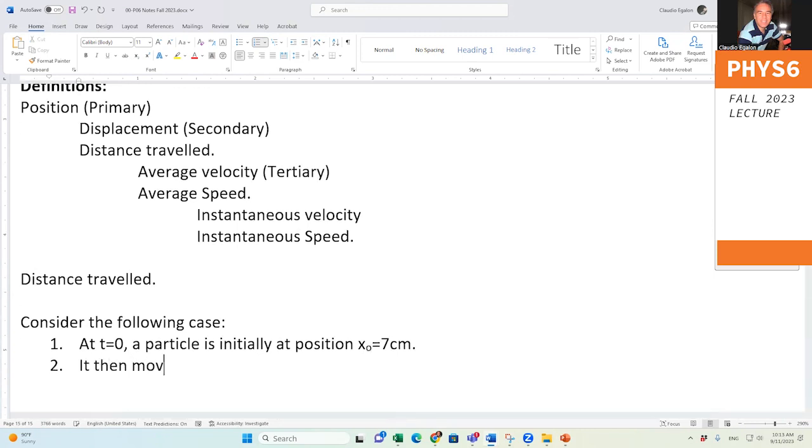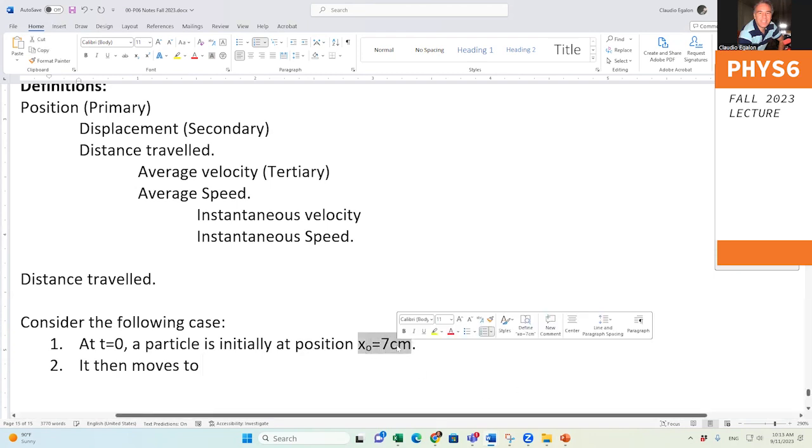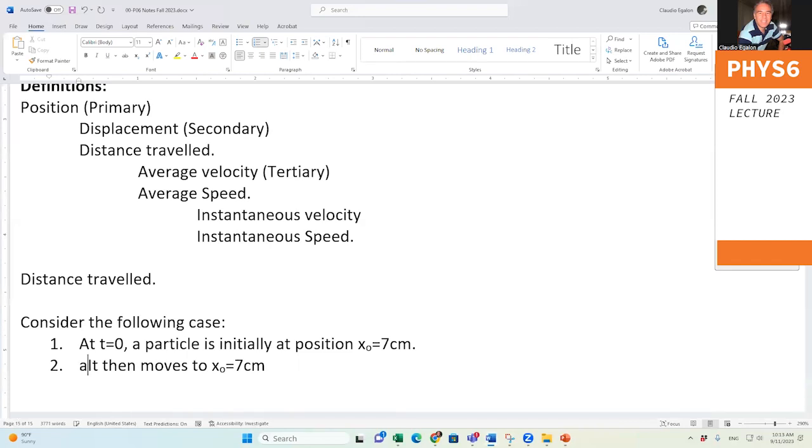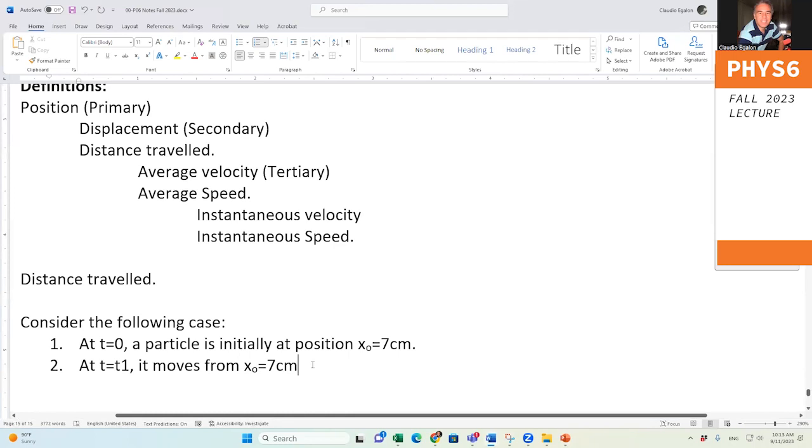It then moves to x1 at t equal to t1. It moves from x naught 7 centimeters to x1 4 centimeters.